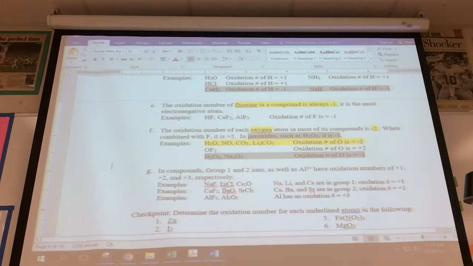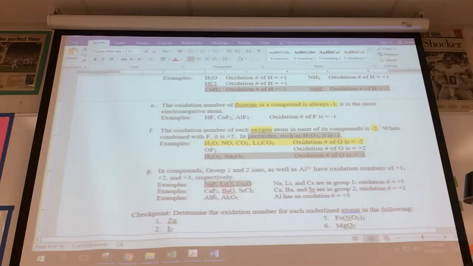In compounds, group 1 and 2 ions as well as aluminum ion are going to have oxidation numbers of +1, +2, and +3. That's the charge they would form if they were ions by themselves. So sodium fluoride, lithium chloride, cesium oxide, sodium ion, lithium ion, cesium ion, these are all going to have oxidation numbers of +1.